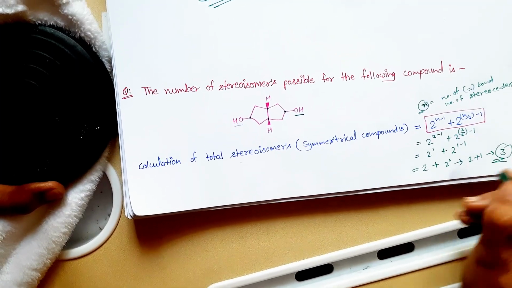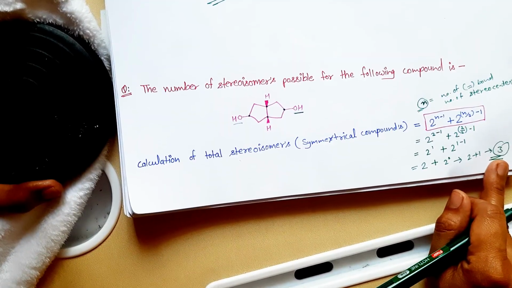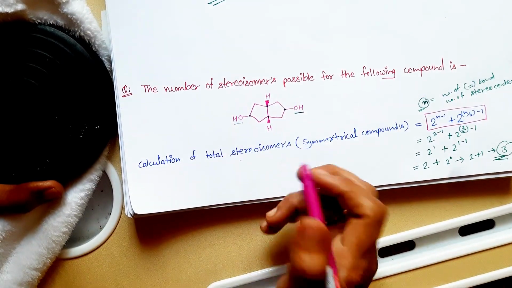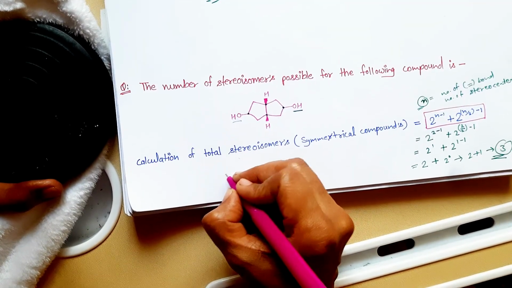So we get 3 stereoisomers possible for this compound, and we can represent these stereoisomers like this.